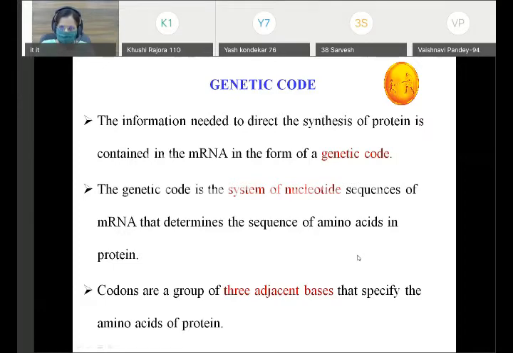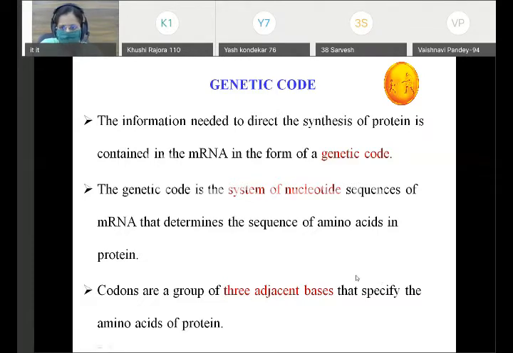Okay, so the genetic code is the information which is stored in the DNA and carried by mRNA for the synthesis of protein. The basic language is the system of nucleotides, and the end product is the synthesis of protein with the help of 20 amino acids.